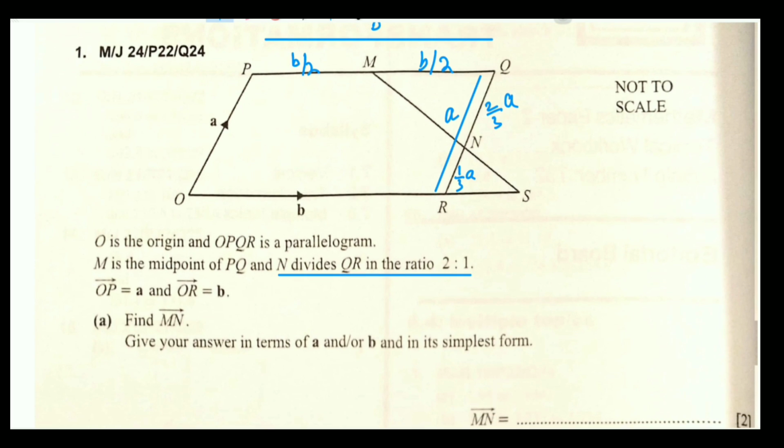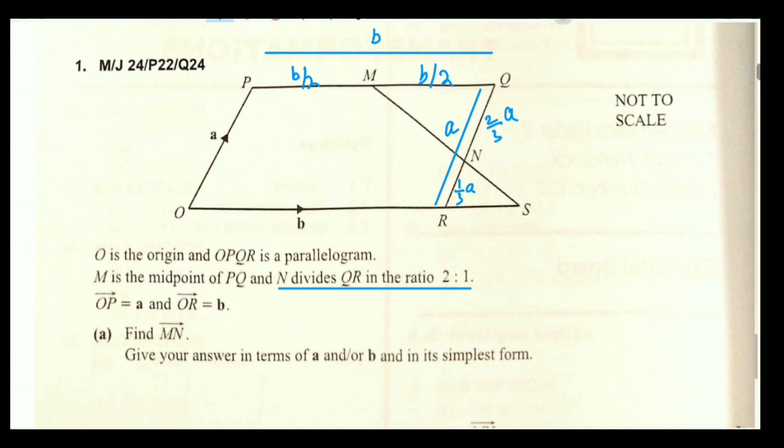So find MN, give your answer in terms of A and B and its simplest form. So what we have to do now, MN we actually have to find. We can choose the path, P to Q, then Q to N. So how we will solve it?